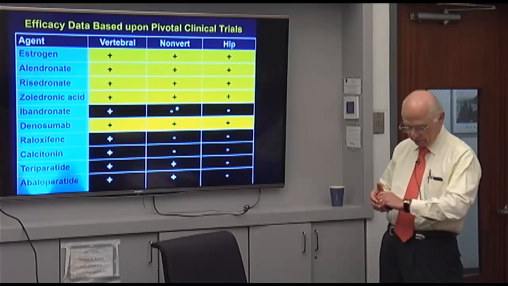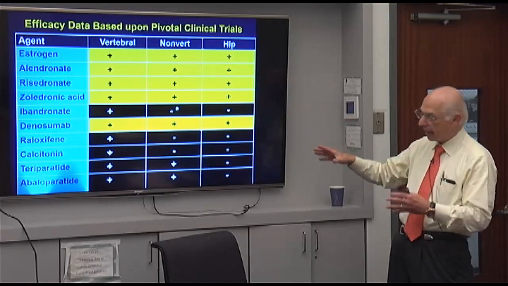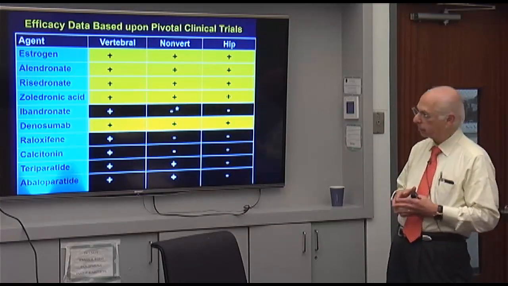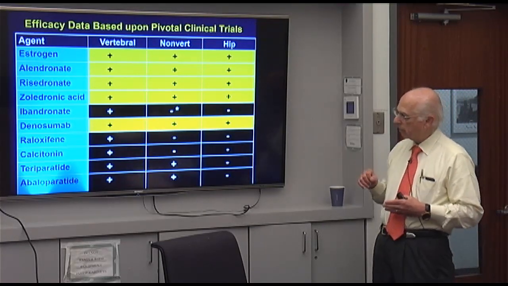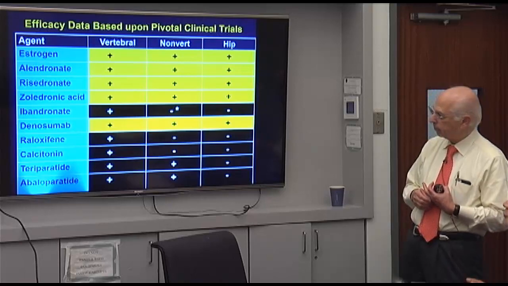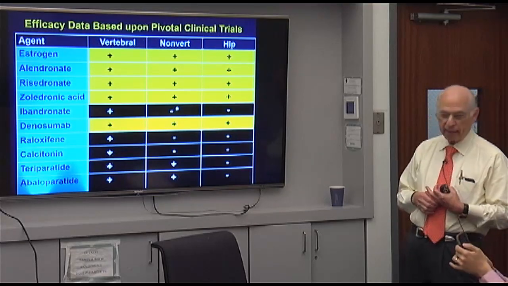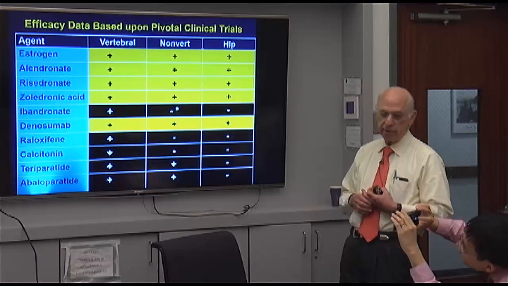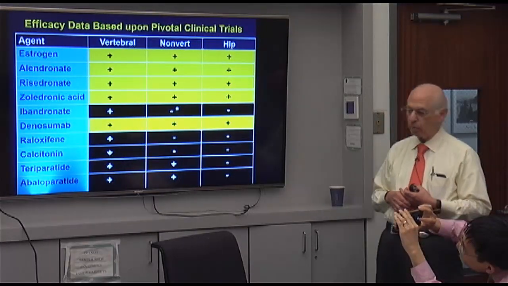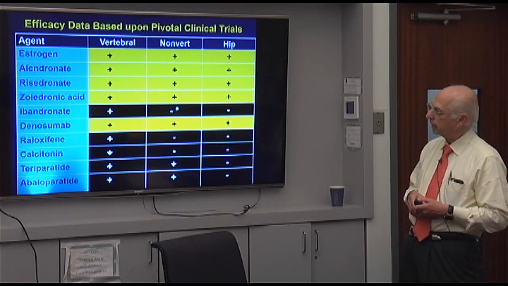All right, we're going to now talk very briefly, but we're going to get into big detail next week about the drugs. So this table is the up-to-date table on the drugs we have available, the FDA-approved drugs we have available in this country for osteoporosis.